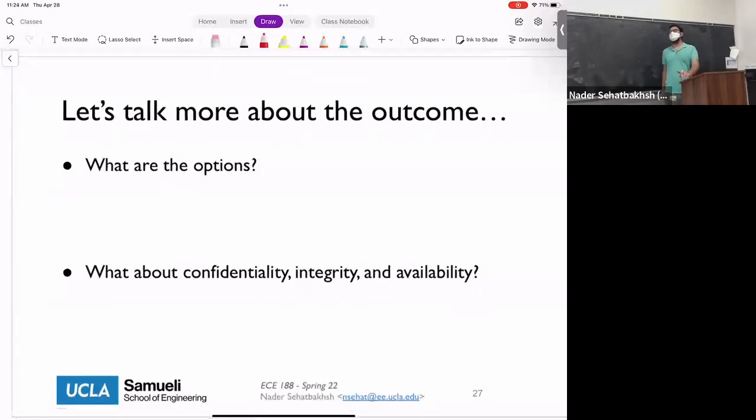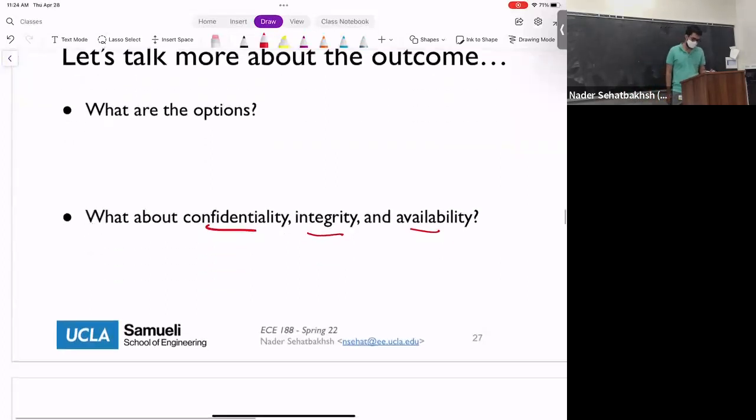So when you're thinking about the outcome, the first question is, what are the options the adversary has? At what time can the adversary attack the system? And when we are talking about changing the outcome, we also automatically need to think about the confidentiality, integrity, and availability of the system as well, right?